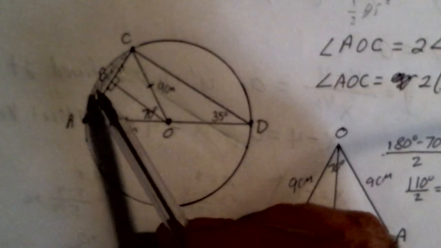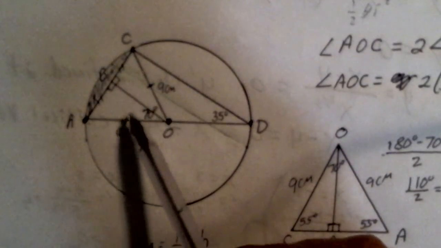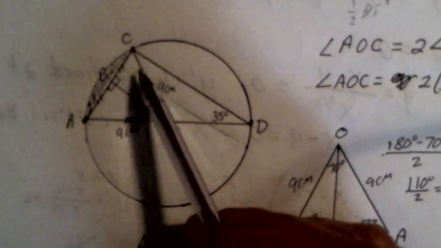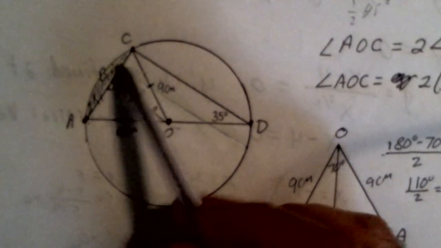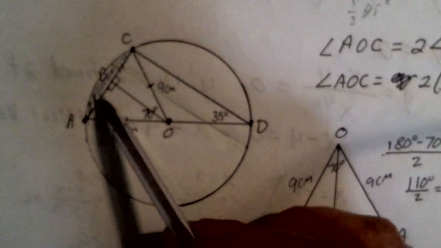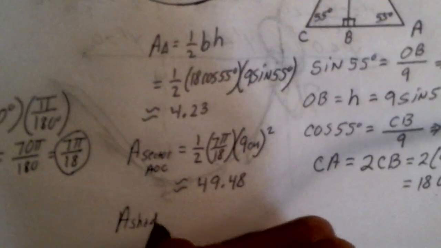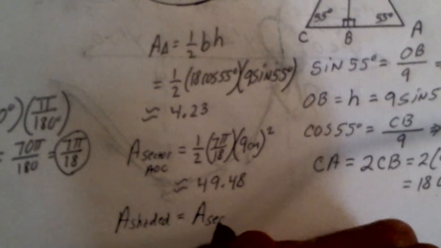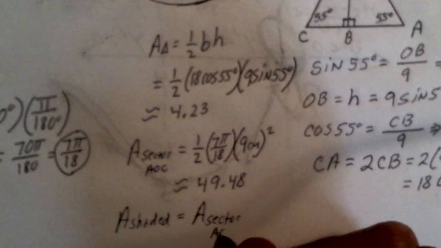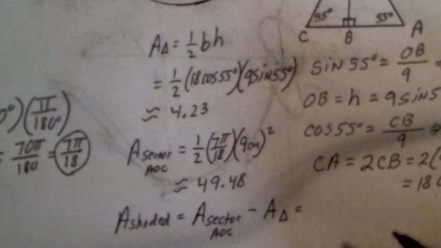Finally, to find the area of this shaded sector here, this shaded region, that would be equal to the area of the sector AOC minus the area of the triangle. So we're going to take the area of the entire sector, subtract off the area of the triangle, and that will leave us with this shaded region here. So therefore, the area of the shaded region is going to be the area of the entire sector AOC minus the area of the triangle.